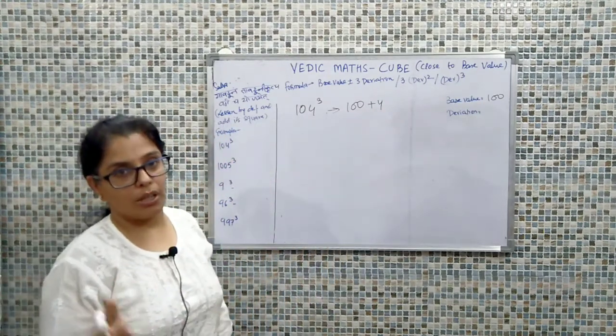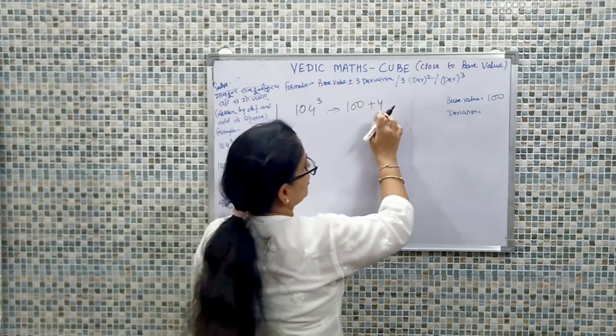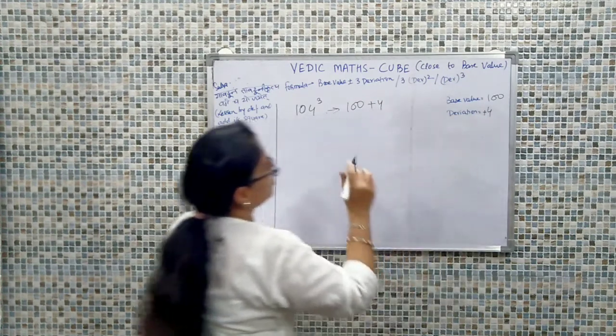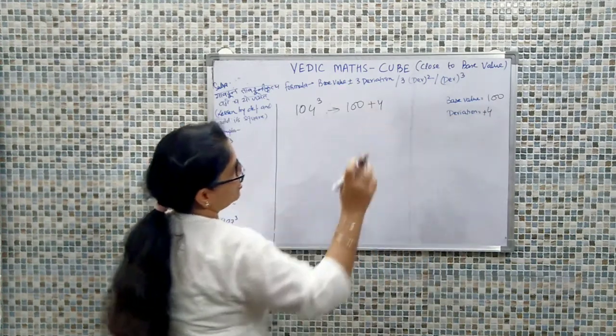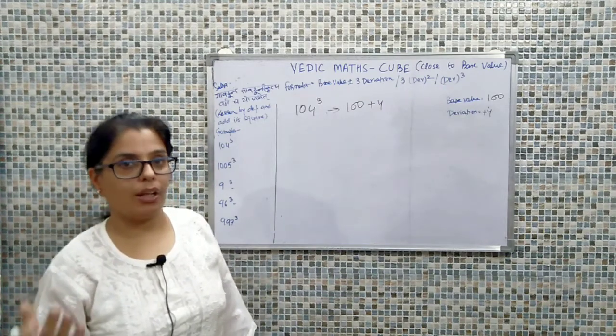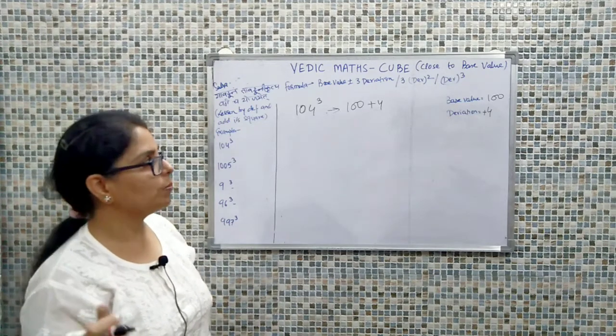What is the deviation, either plus or minus? This number has a deviation of plus. Make a point that I have written plus or minus here: if the number is smaller, logically we have to use a negative sign, and if it is above the base value, we use a plus sign.